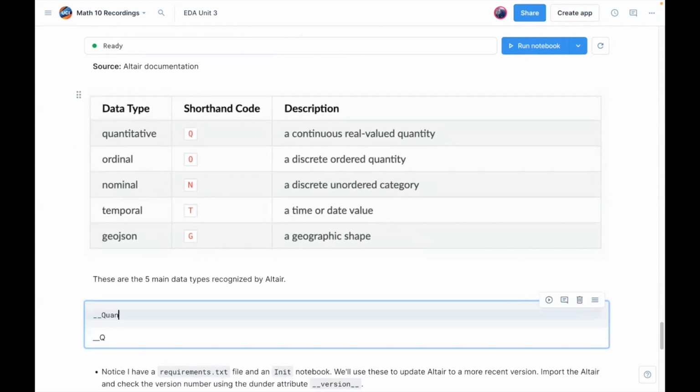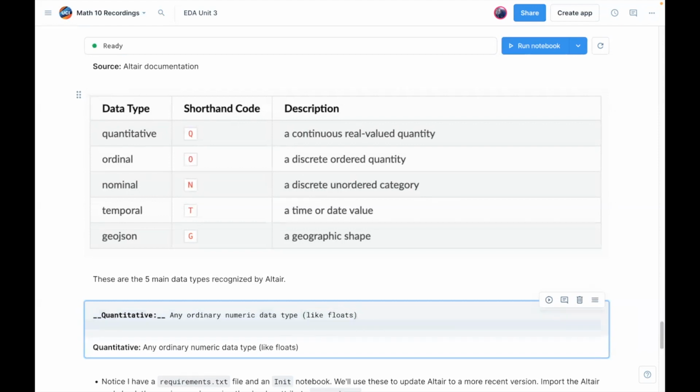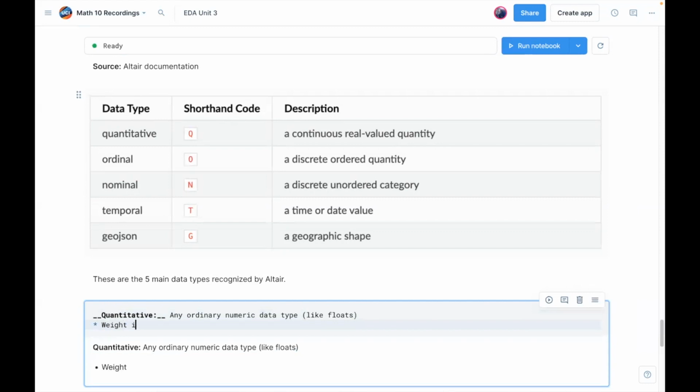First up, we have quantitative. This is really any ordinary numeric data type, like floats. Some examples: we could think about weight in our MPG dataset.